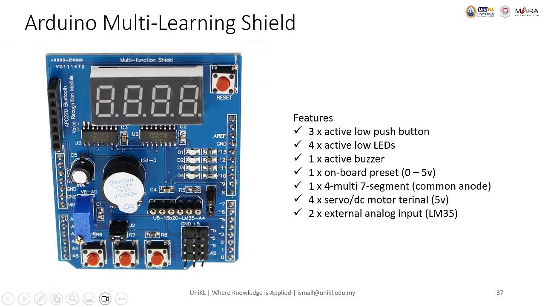Then there is a 4-digit 7-segment display, common anode, and terminals for servo and DC motors, and 2 external analog inputs for the LM35, or whatever we want to use.